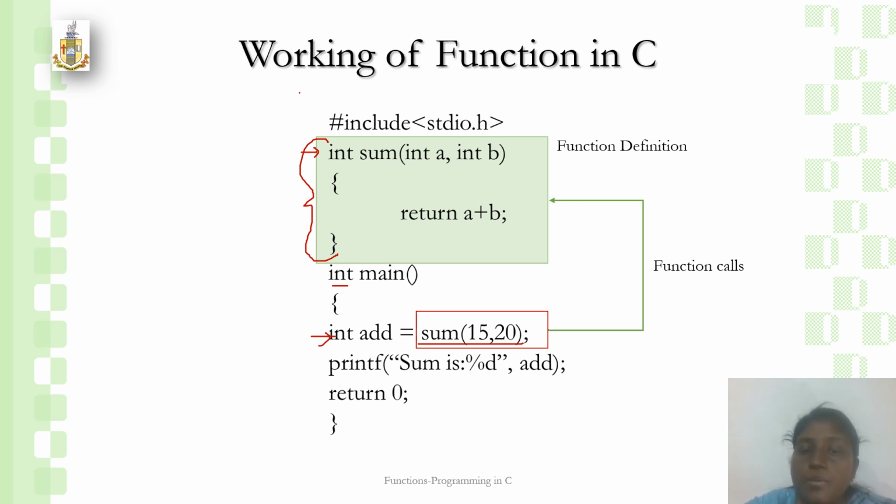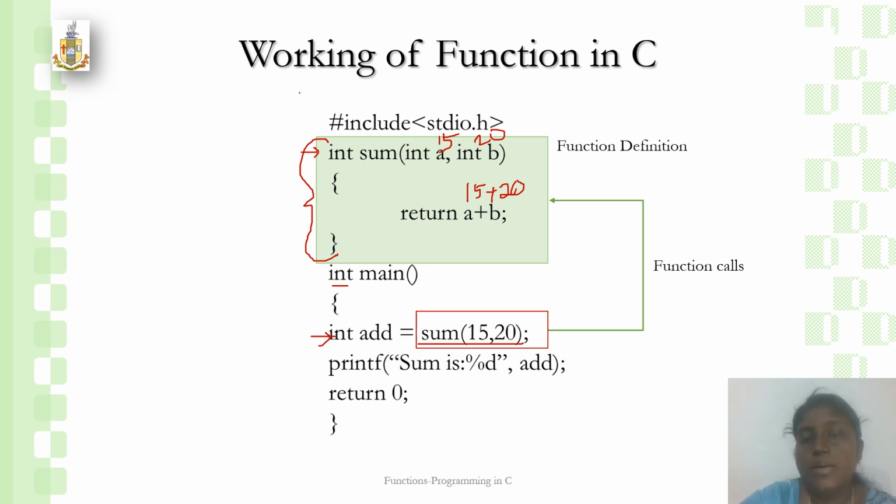So a will hold the value 15 and b will hold the value 20. Now in the body of the function, the statement is return a plus b. What is a here? Here it is 15 and here it is 20. So 15 plus 20, and what is the output? The output is 35.